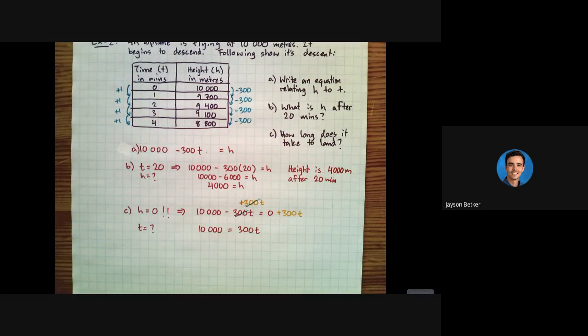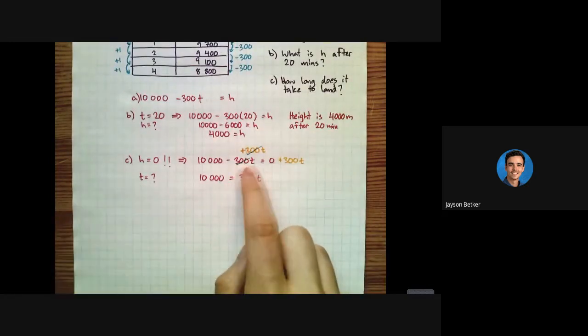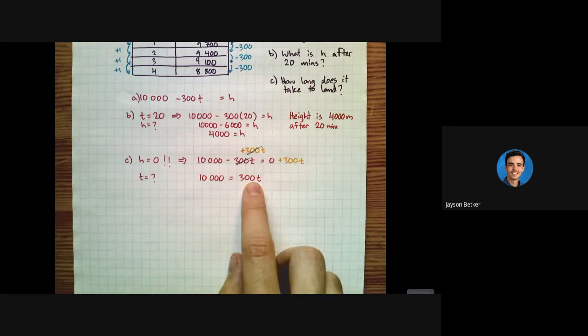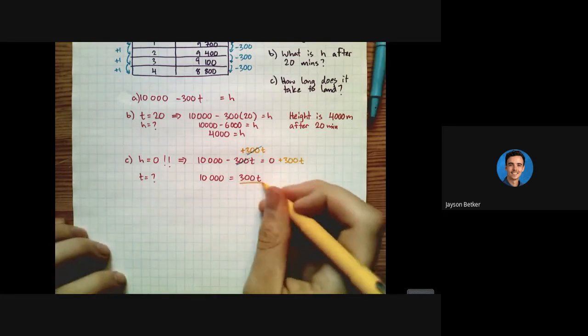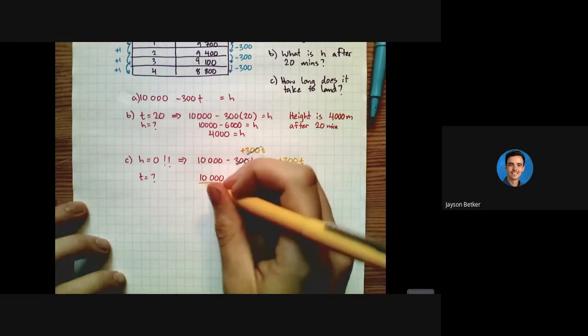Now I need to solve for t. What do you think I do next? If here, in order to move the 300t to the other side, I had to do the opposite of subtract, I had to add, what's the opposite of multiplication? Division. I have to divide by 300 on both sides.